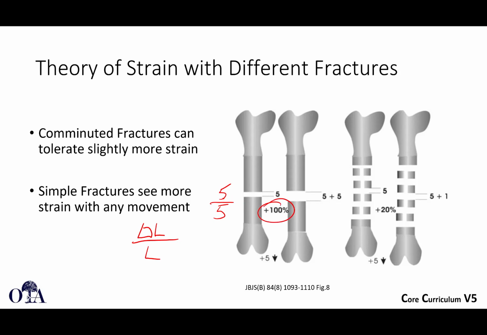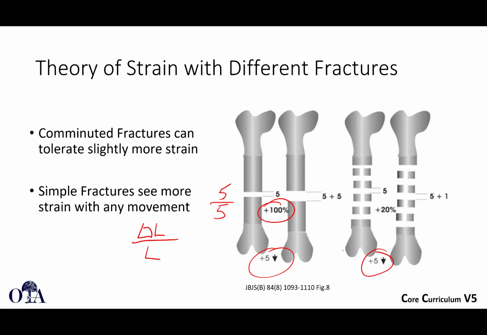So 5 over 5 is 1. Now here, if you apply the same delta L, but each gap shares that delta L, so it's a total delta L of the same amount of strain.